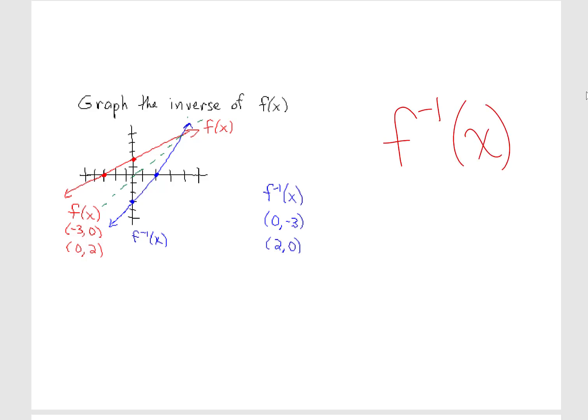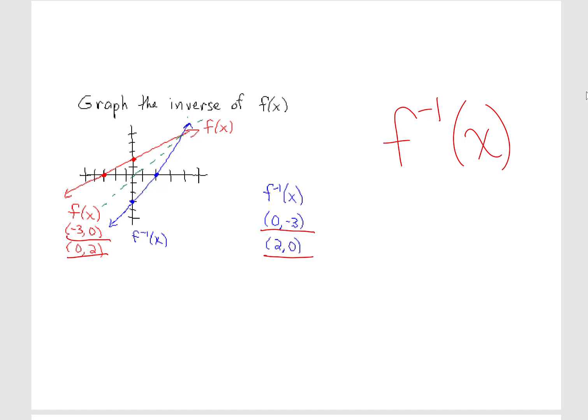And really that notation is communicating that that is the inverse of the function f of x. So when we see that notation, we're like, okay, the inverse, the x's and y's will switch. So notice that the ordered pair over here was -3, 0. Over here it's 0, -3. And then this ordered pair is 0, 2, and the inverse is 2, 0. So that is the only change.